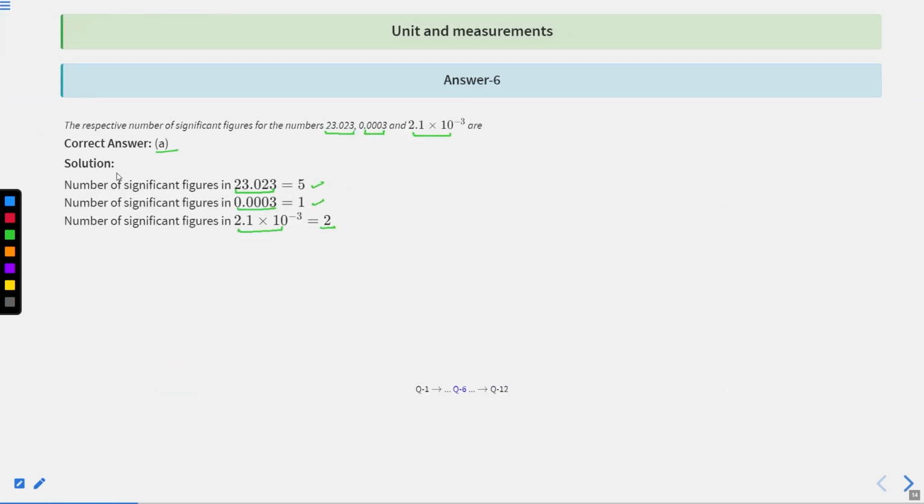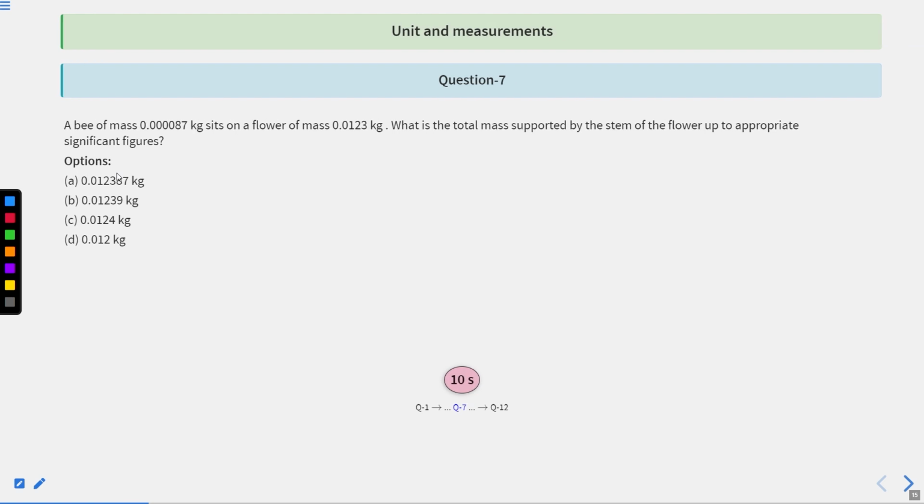Next question. Seventh question is, a bee of mass this many kg sits on a flower of mass this many kg. What is the total mass supported by the stem of the flower up to appropriate significant figures?